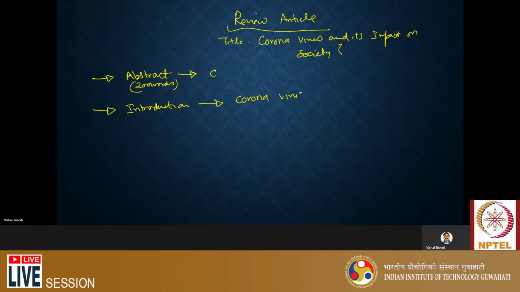Then we can have the disease biology. When you talk about the coronavirus, you can talk about the different types of proteins and the code proteins and all that, because you will use that later on for saying that there is a detection technique and all that. Then you talk about the disease biology, then the pathology, something like that.